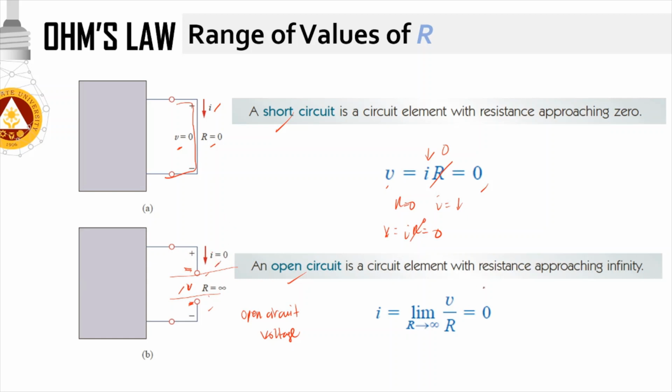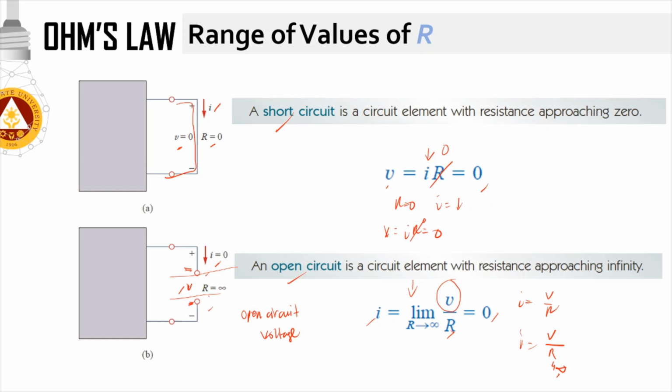Okay, if R approaches infinity and we have a value of the open circuit voltage, what is the value of our I? Since I is equal to V over R, we have the value of voltage, and R approaches infinity. We can apply limits. So V over R, whatever the value of the voltage, if R approaches infinity, the value of current is 0.